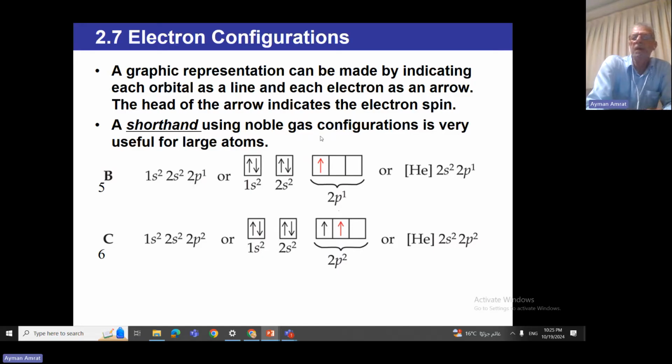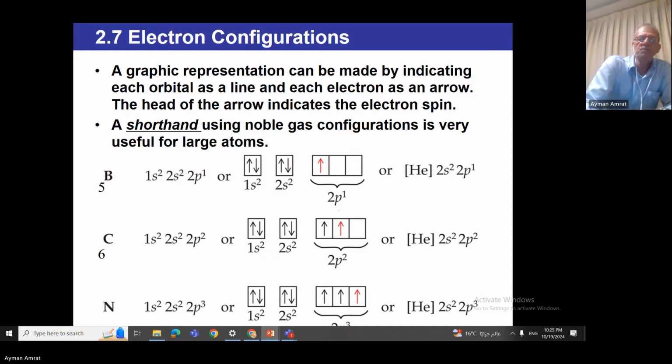Shorthand using noble gas configuration is very useful for large atoms. For carbon, after helium's 2 electrons, there are 4 electrons to be filled in 2s2 and 2p2. Nitrogen, the same thing, helium 2s2, 2p3.